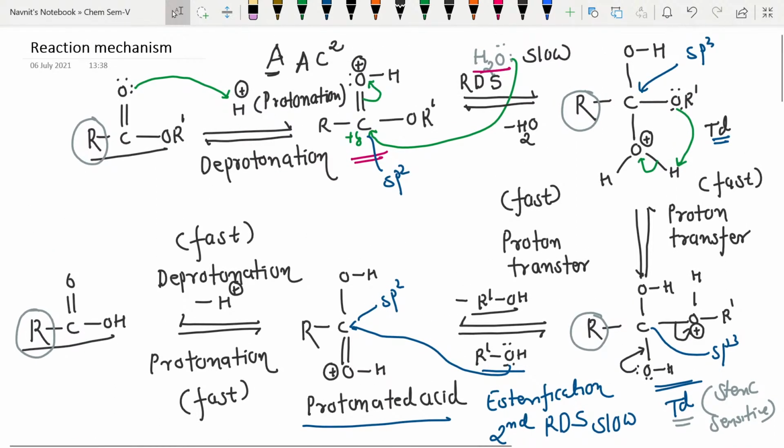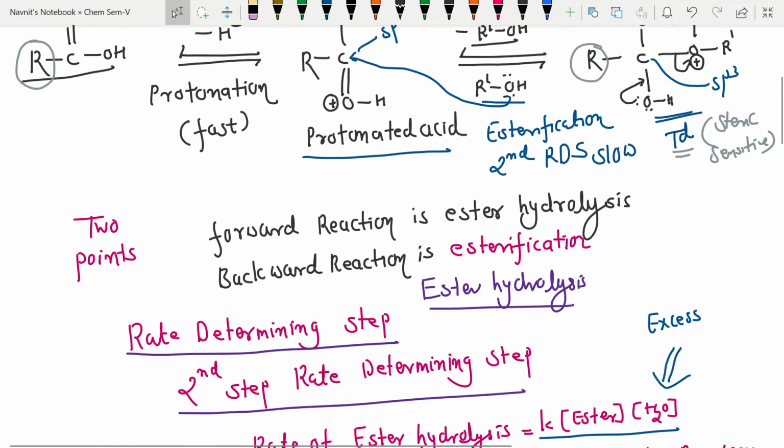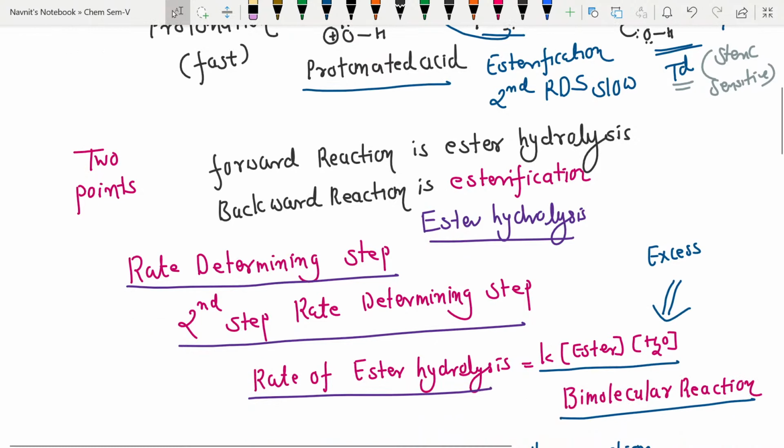This forward reaction is hydrolysis. But when you look at the backward reaction, it is esterification. That's why acid hydrolysis is a reversible reaction. Clear? So the forward reaction is ester hydrolysis, but the backward reaction is esterification.